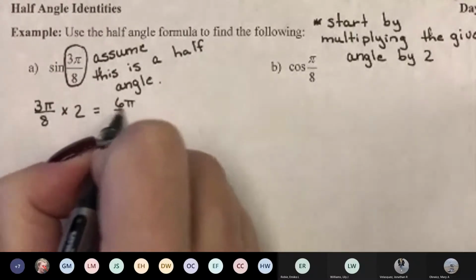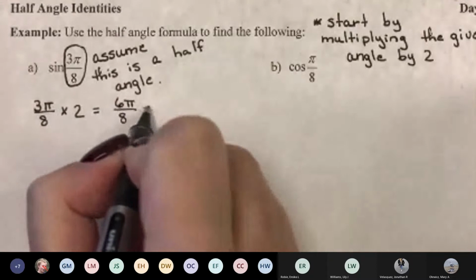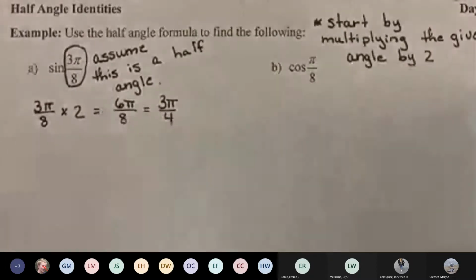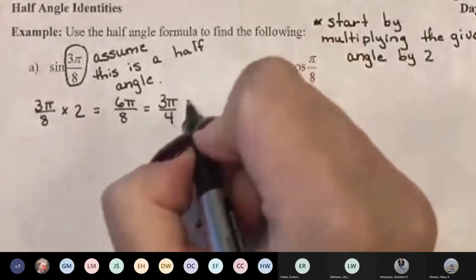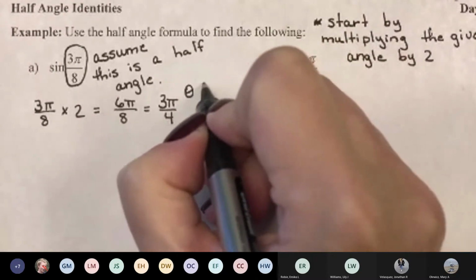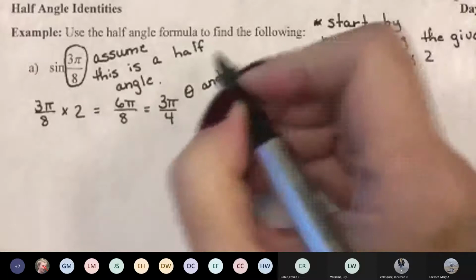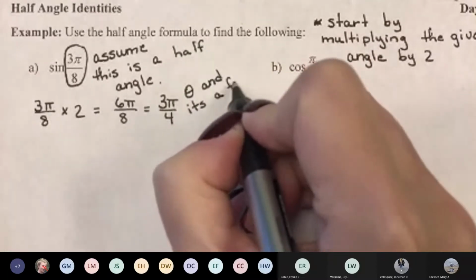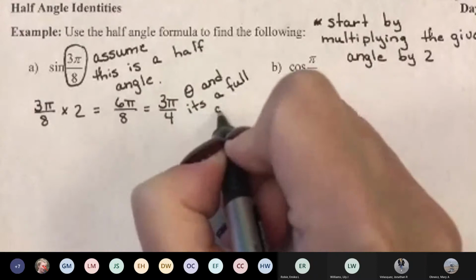So this is just one of many things that are a little different about this type of problem versus the other. Now this one that's right here, that is theta, and it's a full angle.